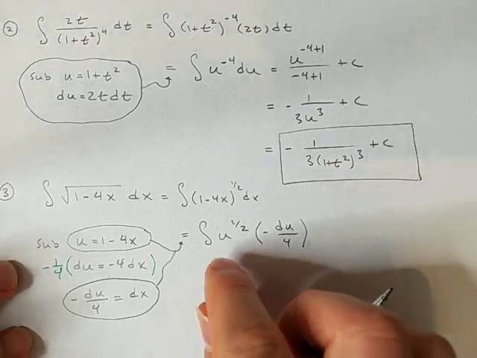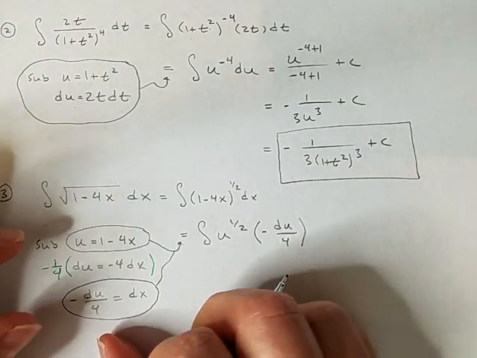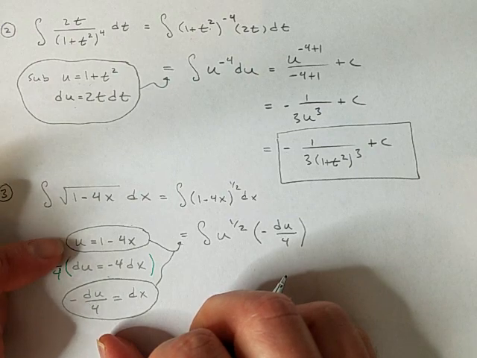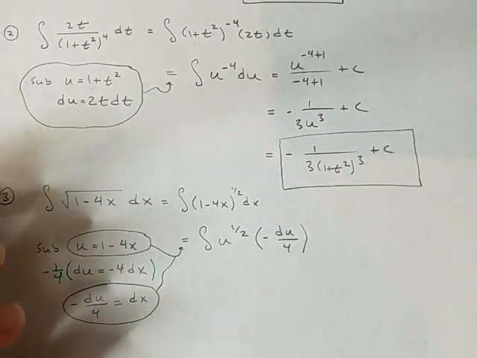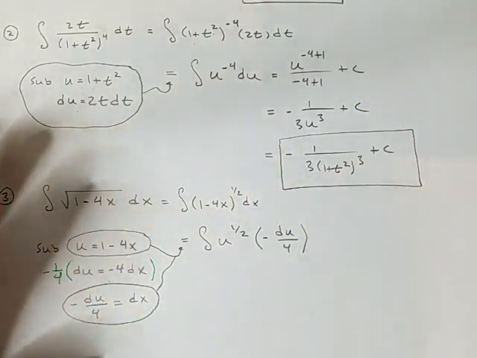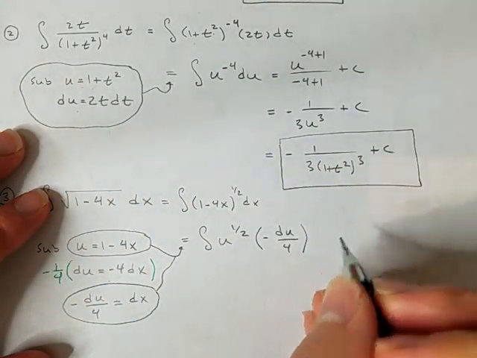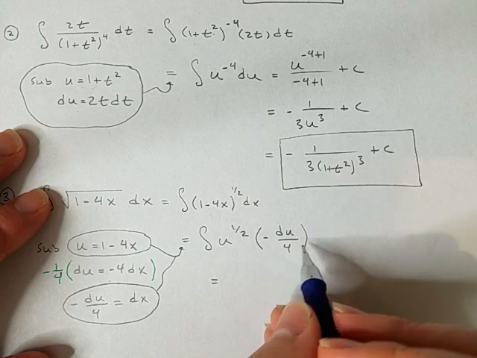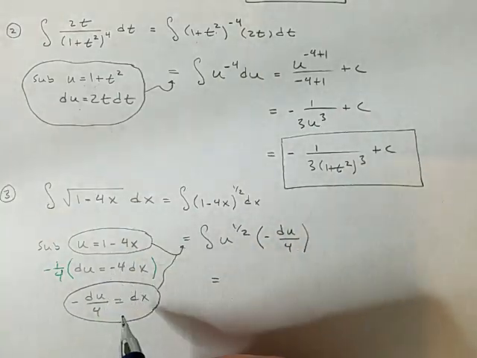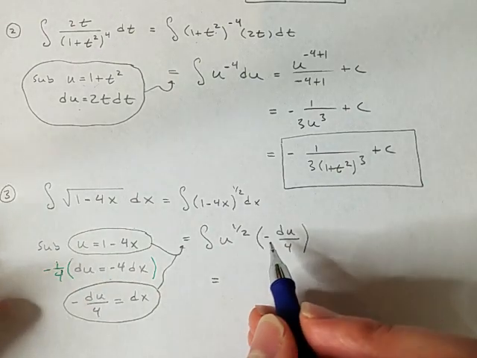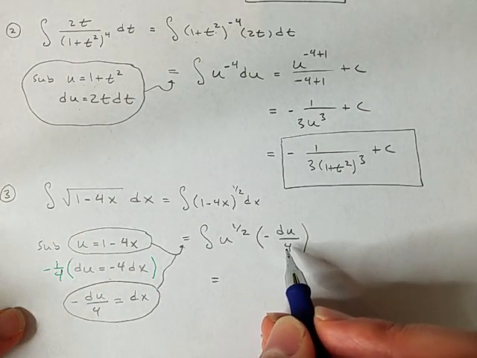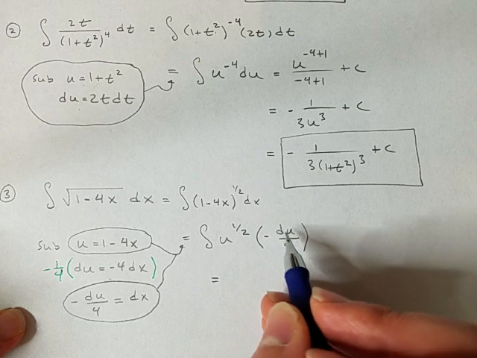Okay, so yes, the substitution is made. The goal was to substitute the u and the du, and I've now done that. When we do substitution problems, that's how it works. Okay, all right. Now, well, what about this? This part's supposed to be easy. Once you make the substitution, you'll get something that you know how to do. What about that minus, and what about that 4? That amounts to a number in here.